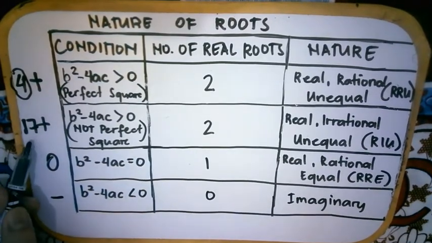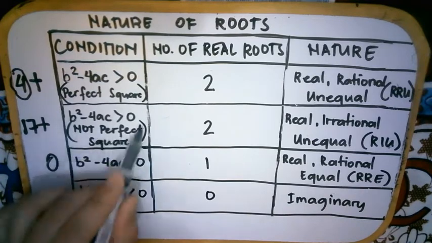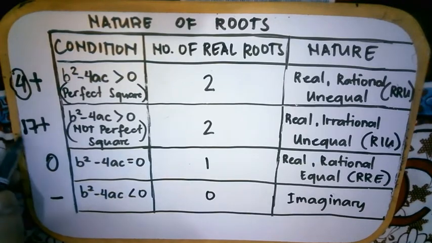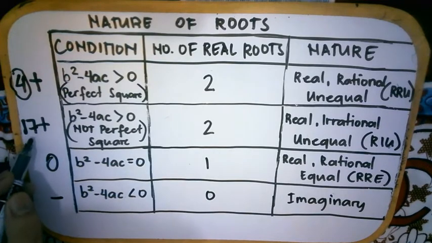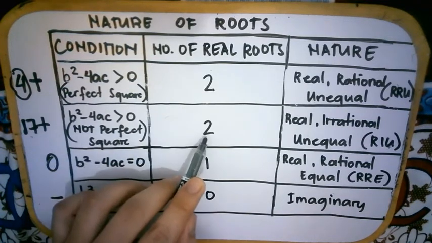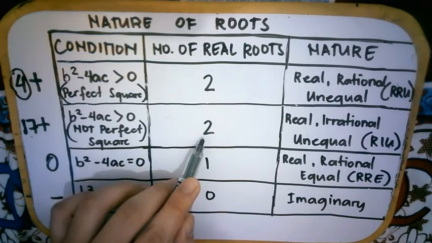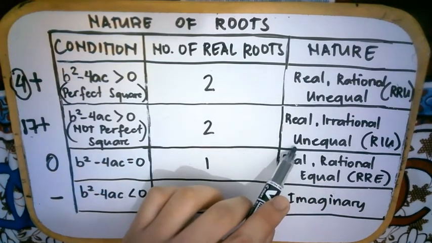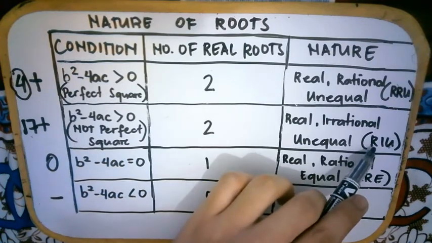Ang 17 is a positive number, and ang 17 is not a perfect square. So, ano ang magiging interpretation natin kapag ang value ng discriminant ay 17? Therefore, ang number of real roots niya ay still 2, and then ang nature niya ay real, irrational, and unequal, or RIU.